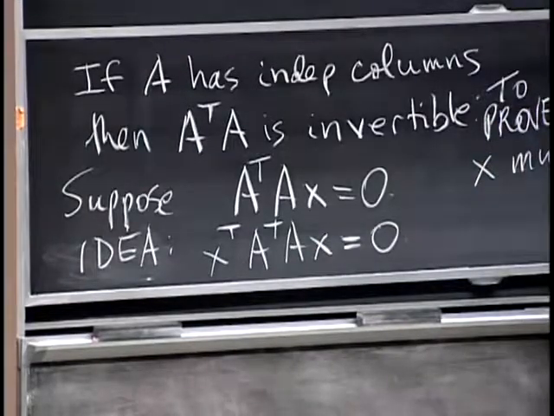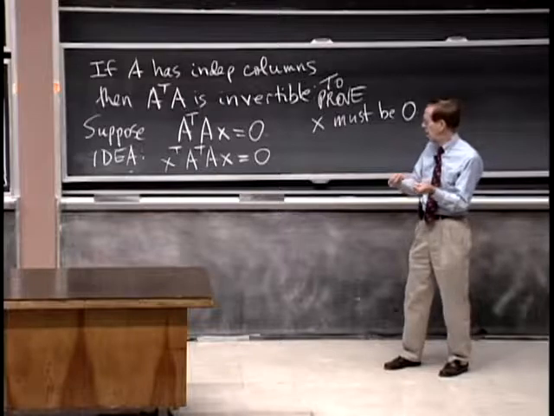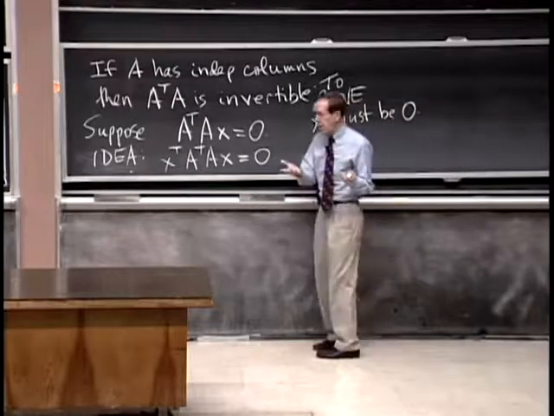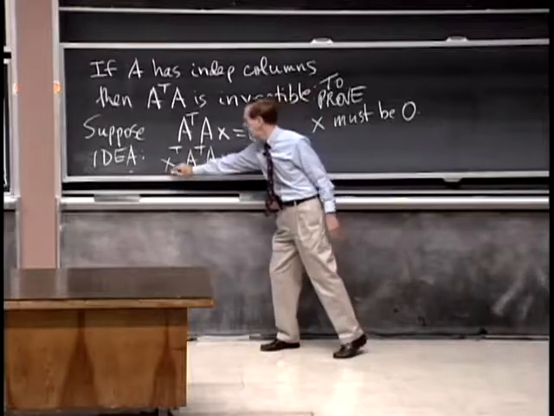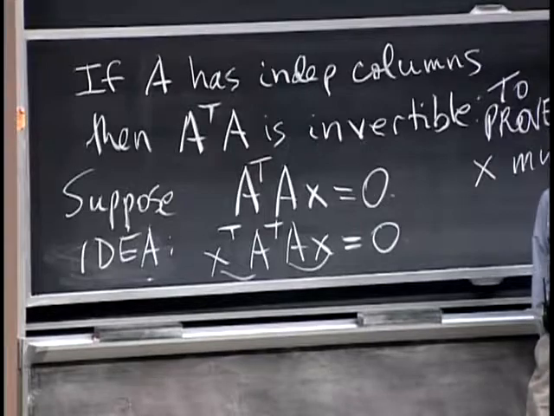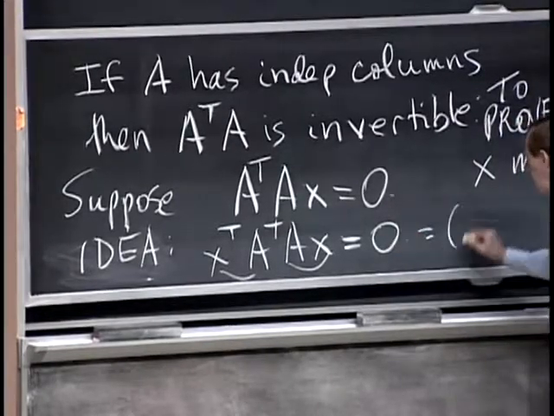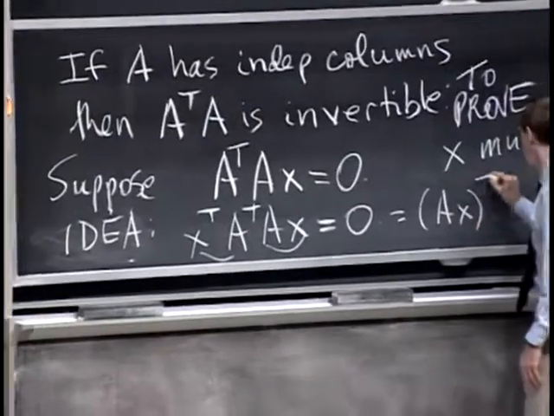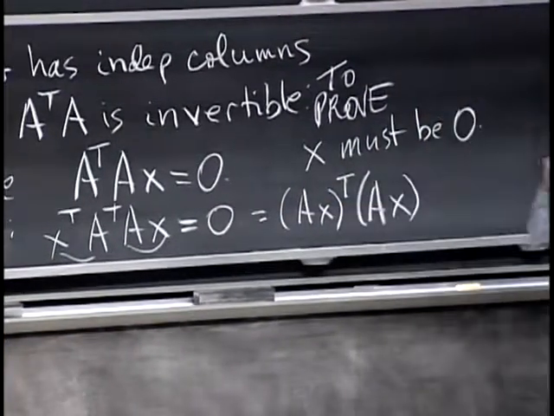Do you see what it's giving you? Putting in parentheses, I'm looking at Ax, and its transpose. So this is Ax transpose Ax equaling 0.